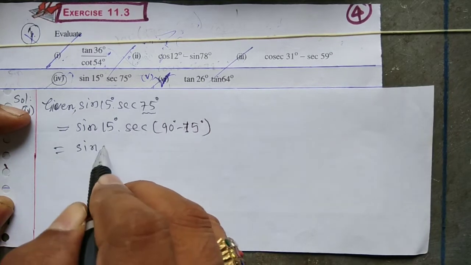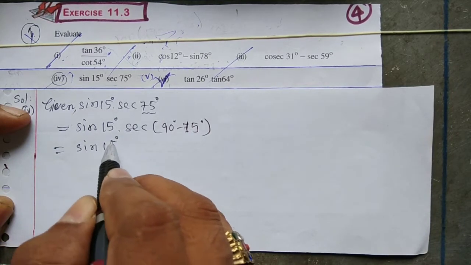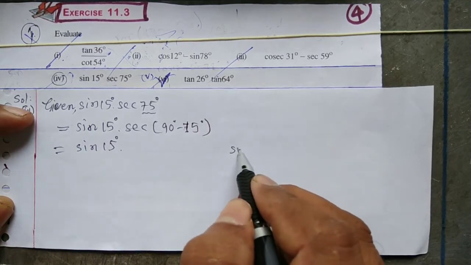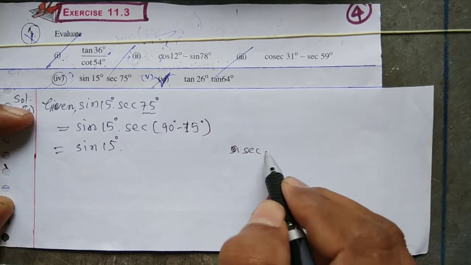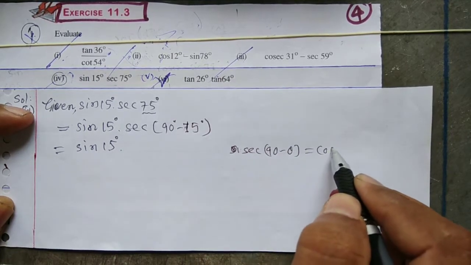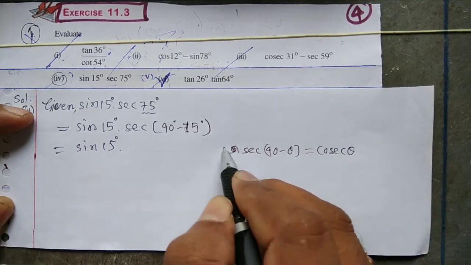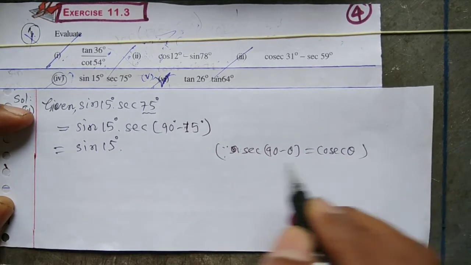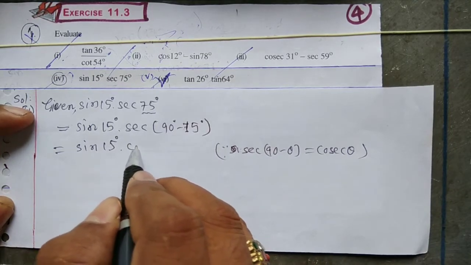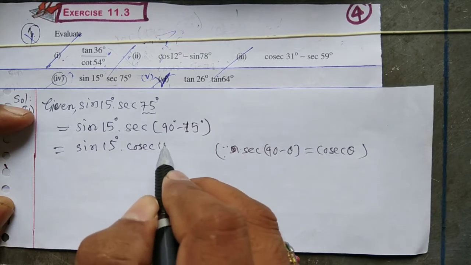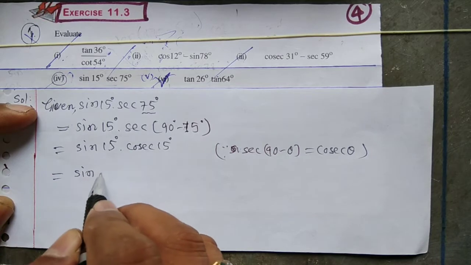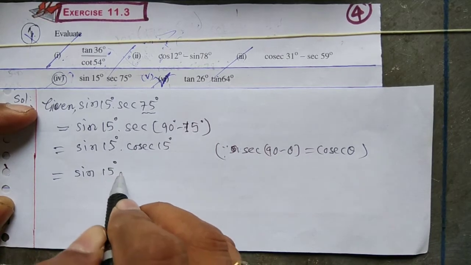Sin 15 degree, sec 90 minus theta is equal to cosec theta. Therefore we can write cosec 15 degree, sin 15 degree.